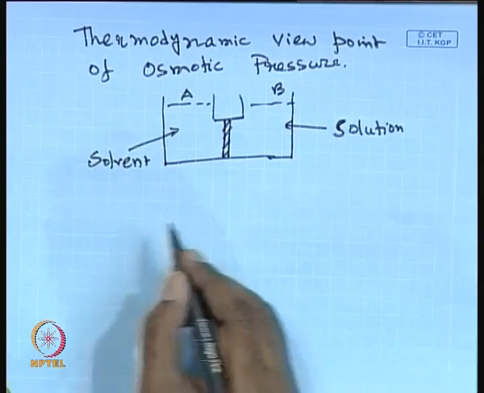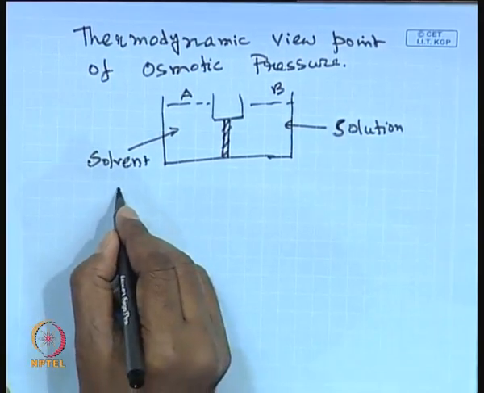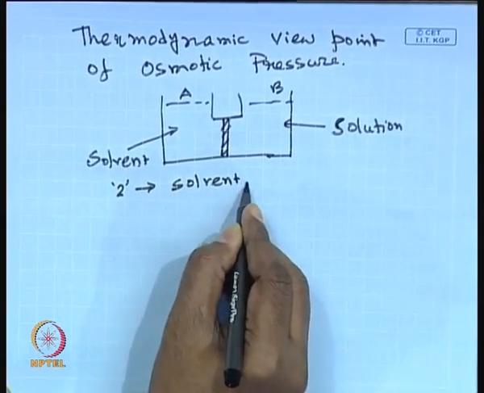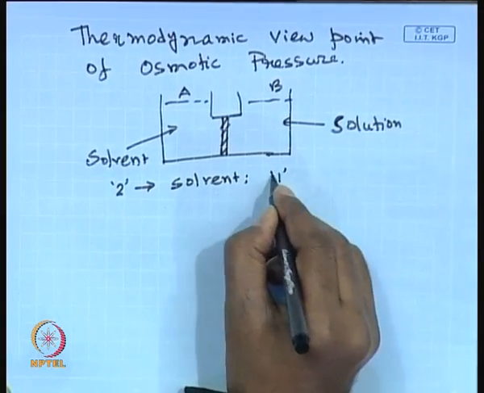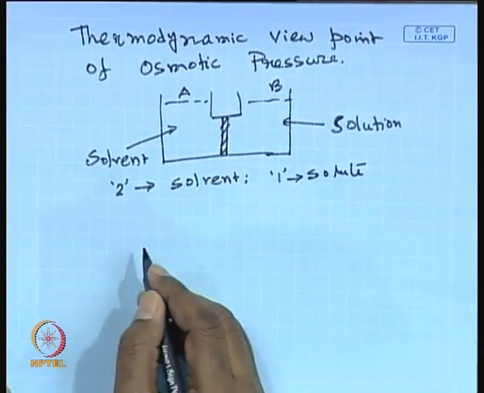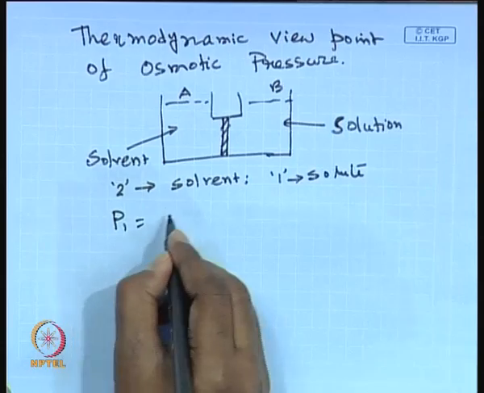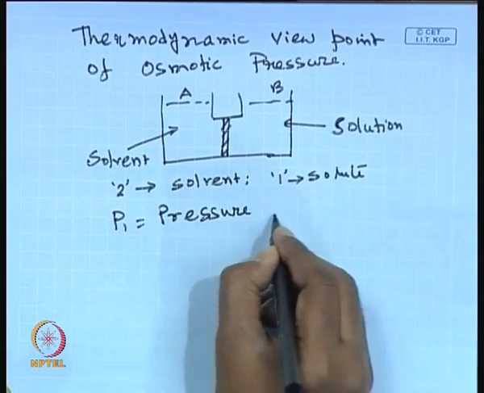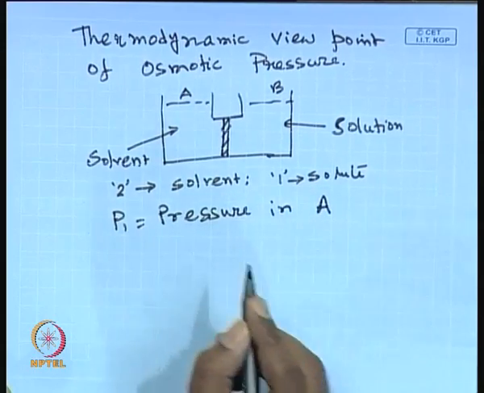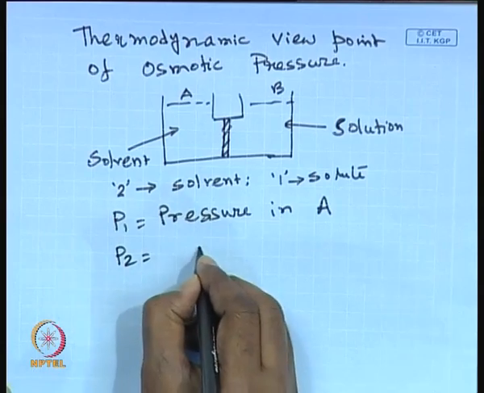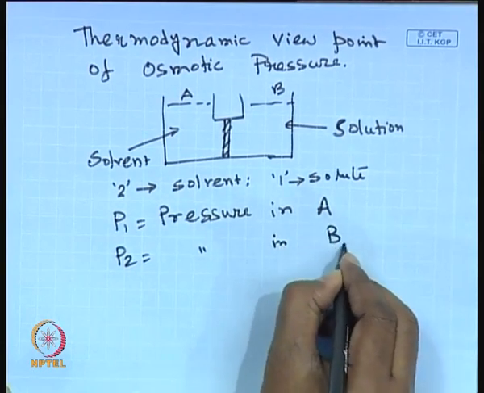So, let us use this notation 2 for solvent and 1 for solute. P1 is pressure in chamber A and P2 is pressure in chamber B.